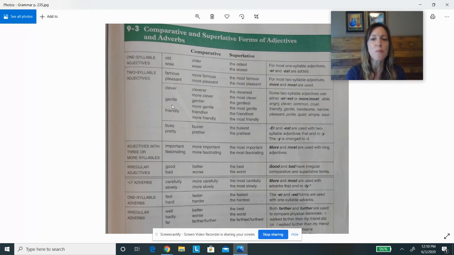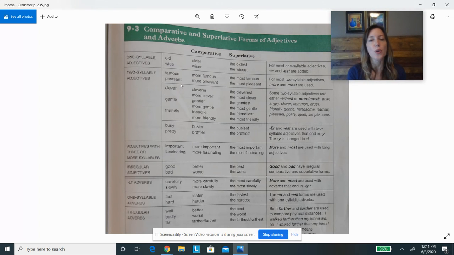There are some two-syllable adjectives, especially the ones that end in Y, where you definitely use ER. But there are others where when you add ER, they sound strange. Okay, so most often you're just going to add more plus the adjective. Michael Jackson was more famous than Lady Gaga.